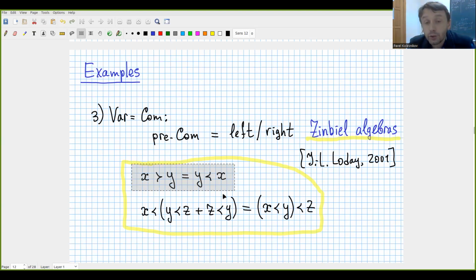And the associativity identity turns into this strange-looking identity, which is known as the defining identity of Novikov algebras. Oskar Jumadildaev has already told about these algebras in his talk today. So these algebras are pre-commutative algebras, the dendriform splitting of commutative algebras.